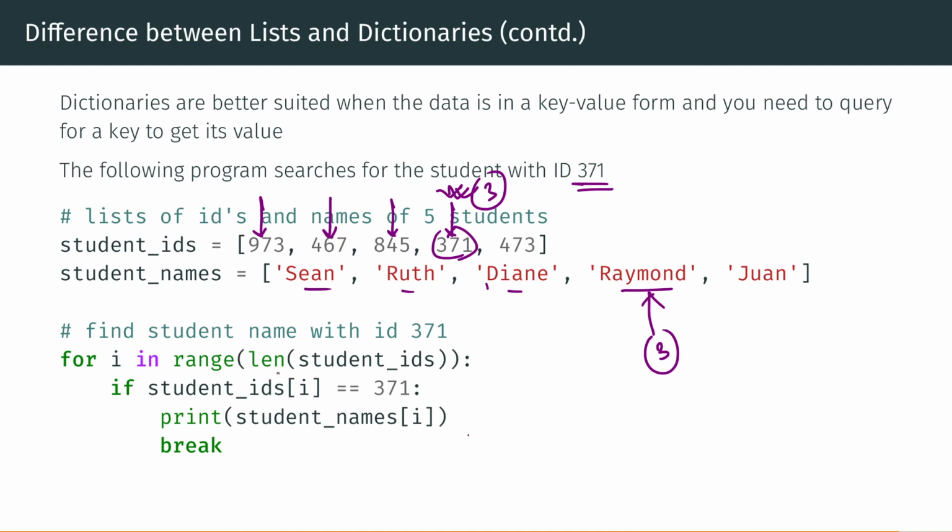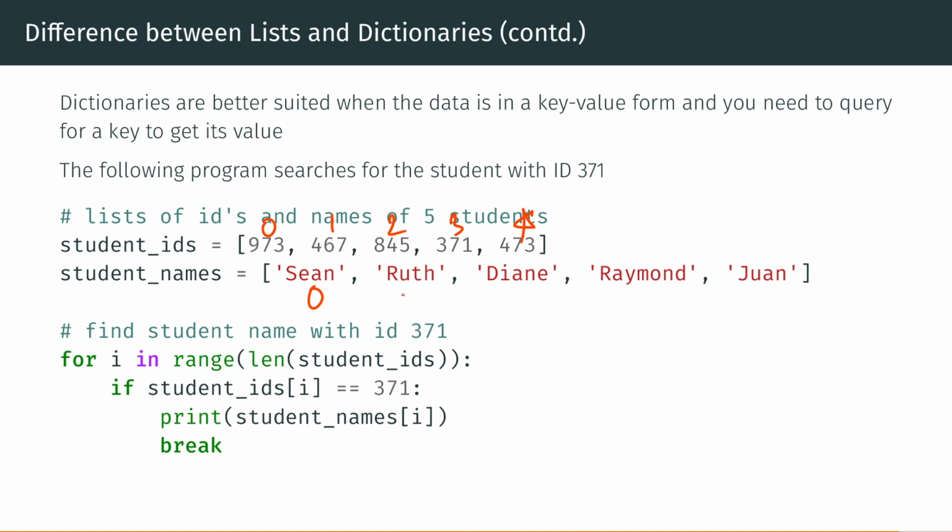So for i in range length of student IDs, which is 5: if student IDs[i] equals 371, then you print the student name and break. Else you continue searching. If you find the student ID 371, print the name corresponding to that ID. So these are indices 0, 1, 2, 3, 4.